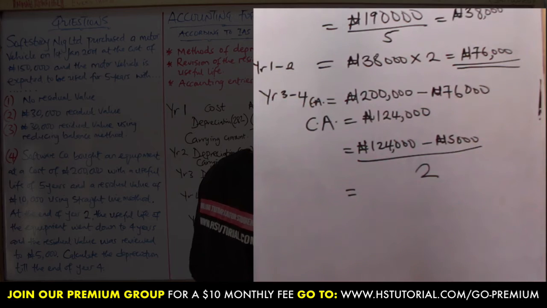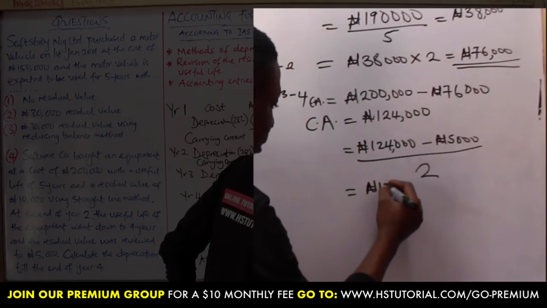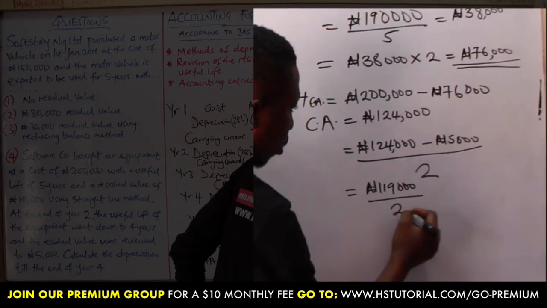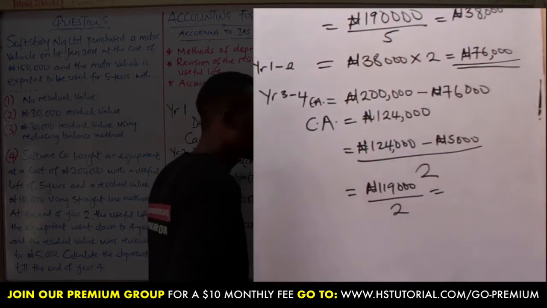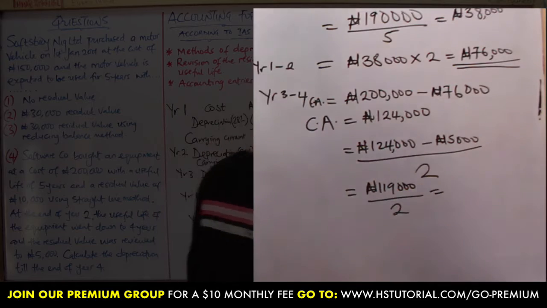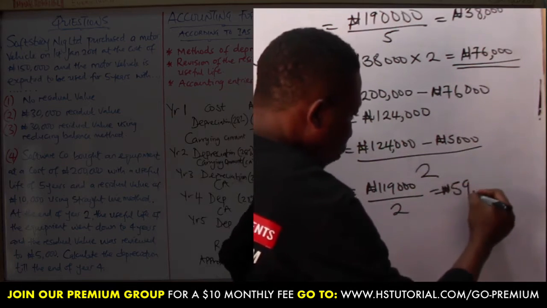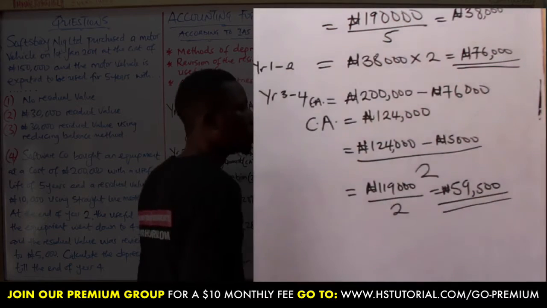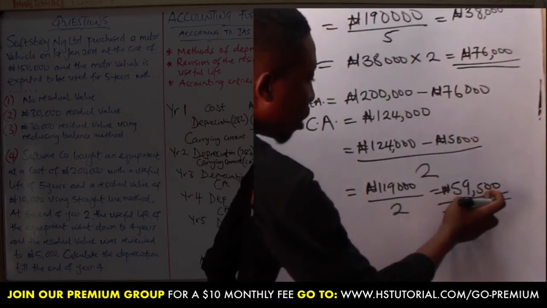124,000 minus 5,000 naira gives you 119,000 naira, all over 2. 119,000 naira divided by 2 will give you 59,500 naira. So for each of the 2 remaining years, you will have 59,500 naira.